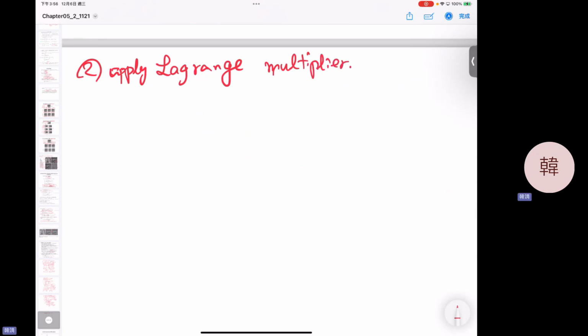That's what I'm going to use in our image processing restoration issue to solve this optimization problem.